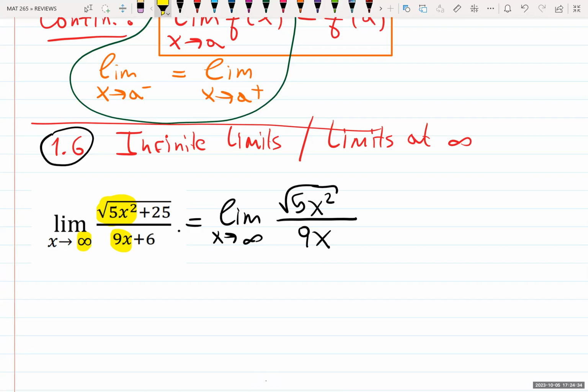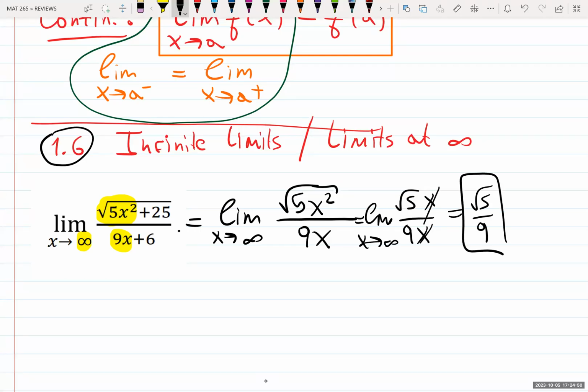Then you just simplify: square root of 5 x over 9x. Guess what? The x's simplify and go away. The limit as x goes to infinity is square root of 5 over 9.